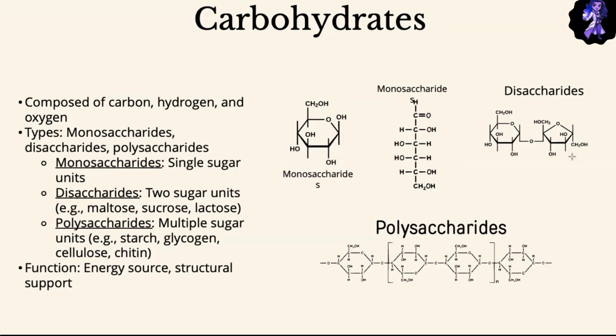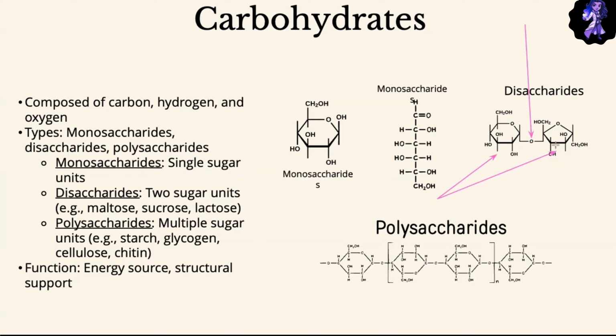For monosaccharides, you're talking about single sugar units. So you either see one ring or one long chain, and that is your monosaccharide. Now, disaccharides are monosaccharides joined together by a linkage, the glycosidic linkage.